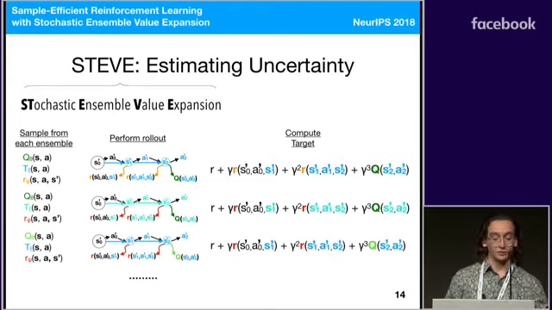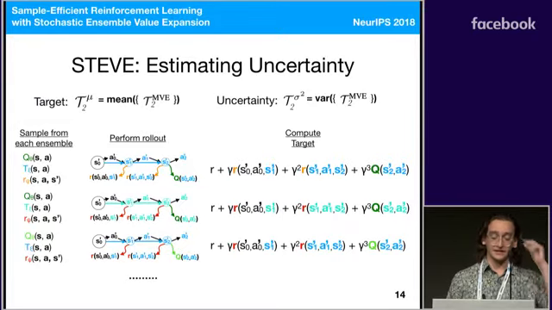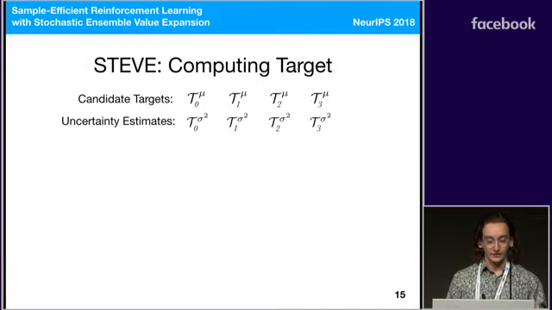This procedure is where STEVE gets its name. We maintain various ensembles and do value expansion by stochastically selecting a new subset each time. Once we've taken many samples, we can use the mean as our target, and the variance gives us an estimate of our uncertainty. Repeating this procedure for each horizon length gives us h+1 candidate targets and their corresponding uncertainties.